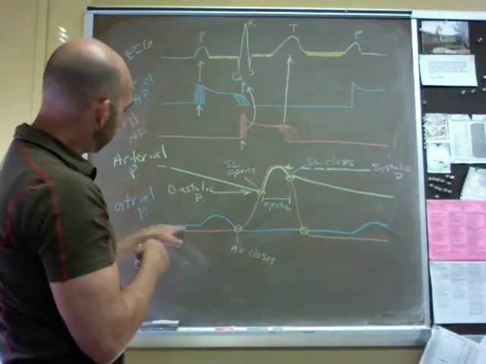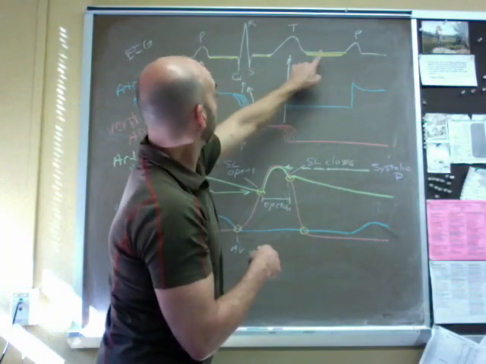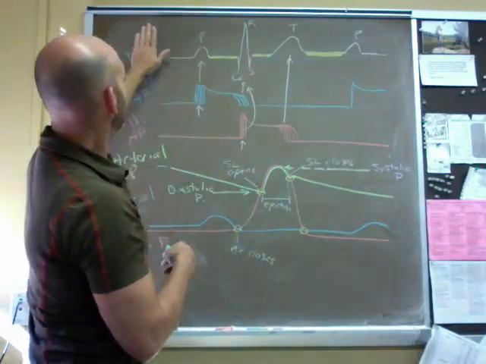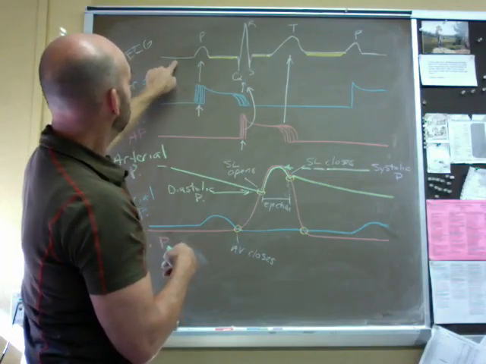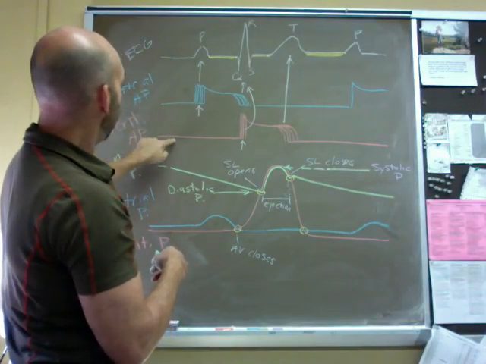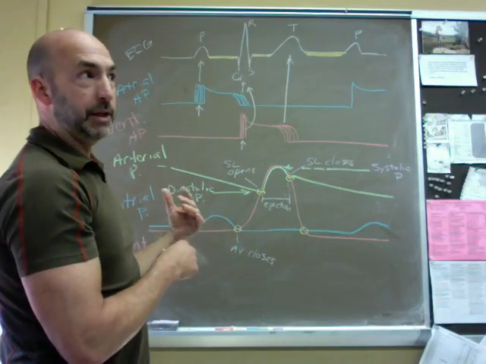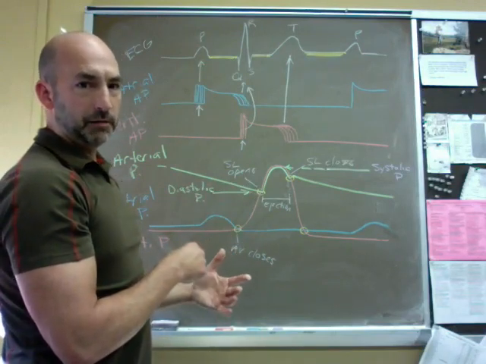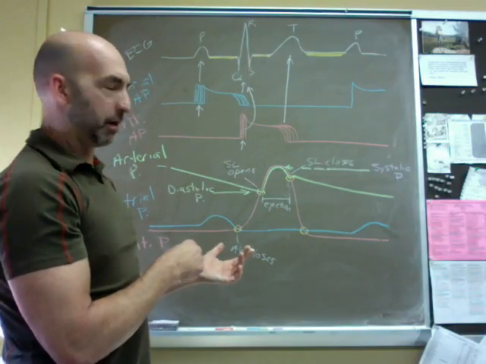So back here, it's actually in the TP segment, same as here, right? You have a T wave here. There's a TP segment, there's a P wave, right? During the TP segment, everybody's relaxed, right? No contractions, everything's relaxed. Venous flow is coming back to the atria, through the open AV valve, filling the ventricle up to about 70% or so.